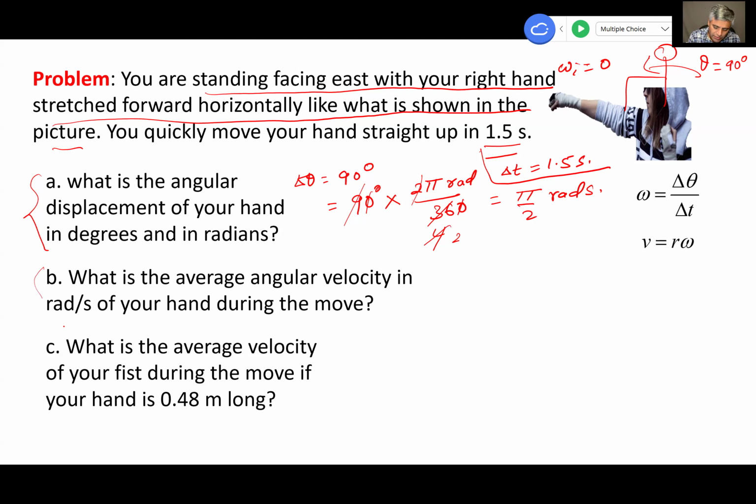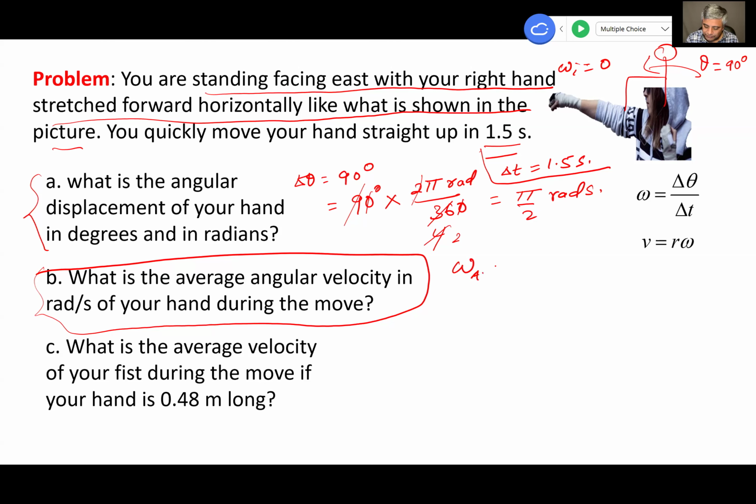Now it says, what is the average angular velocity in radians per second of your hand during the move? Average angular velocity is basically delta theta over the time interval. Delta theta we just calculated in radians, pi over 2 radians. And the time interval in this case is 1.5 seconds.